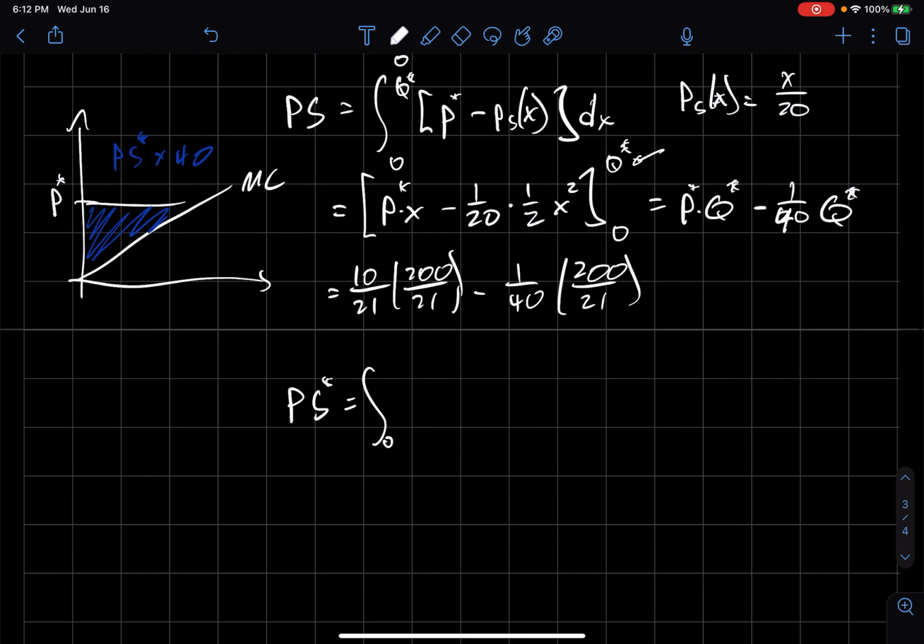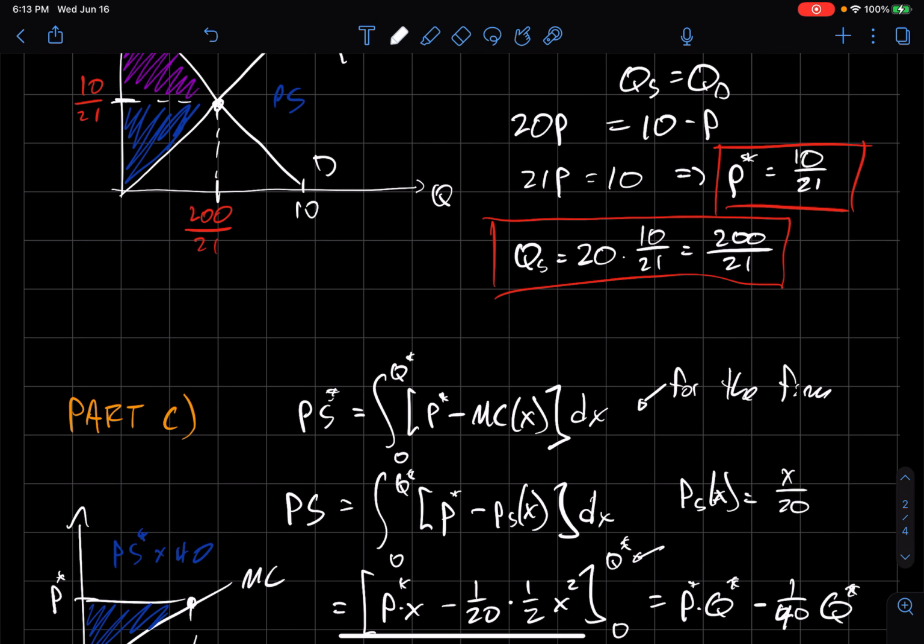So the PS for the firm is the integral from 0 to their individual quantity, which is Q divided by 40.